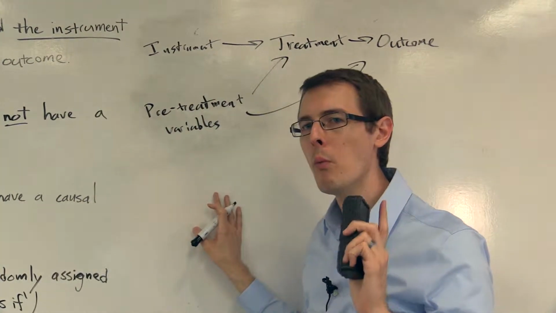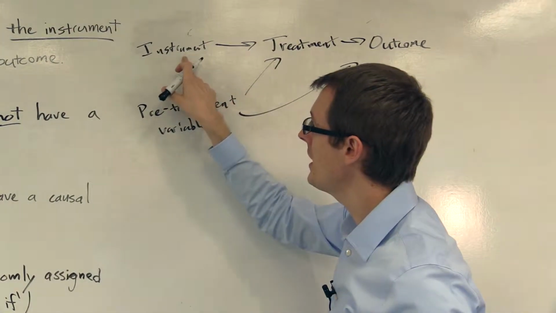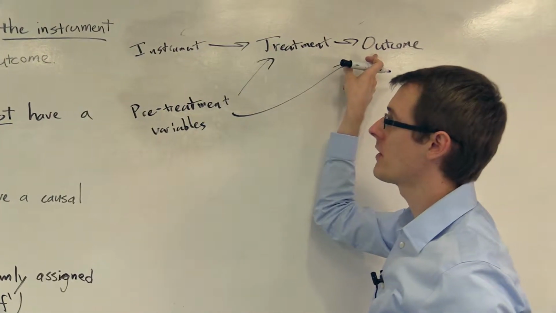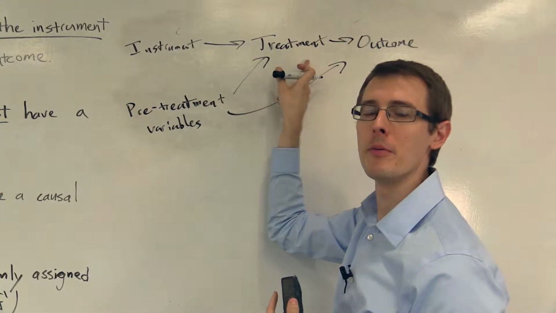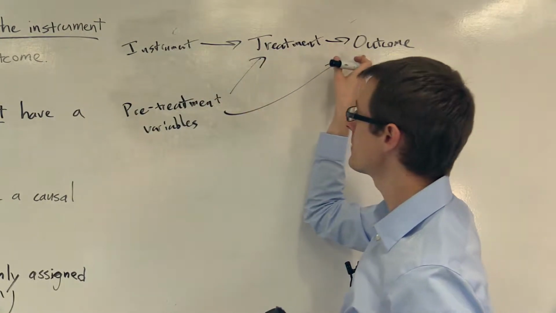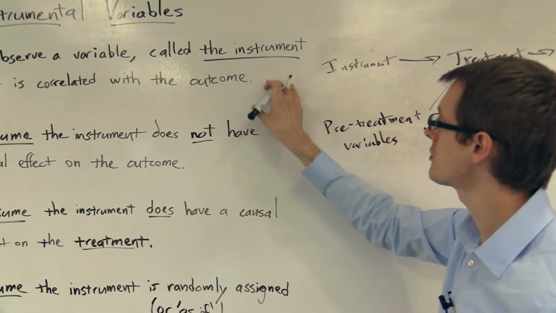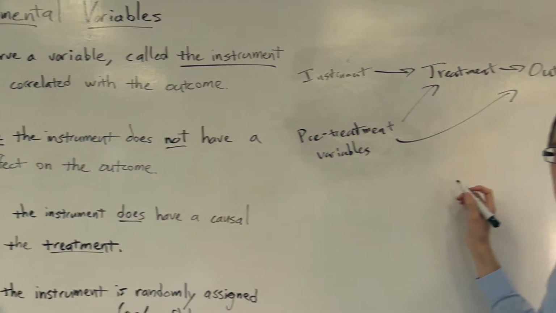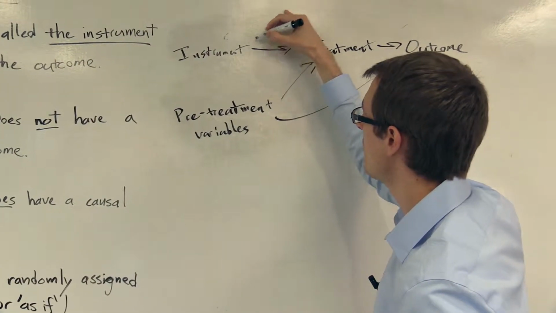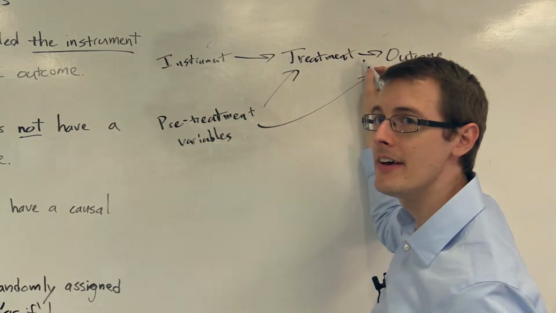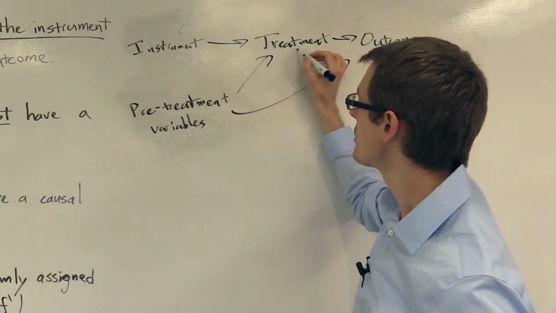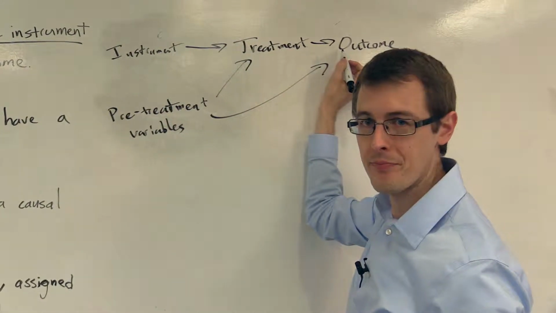That leaves but one possibility, that the instrument has an effect on the outcome variable through the treatment variable. That's the only path from the instrument to the outcome. And that means that any correlation we see between the instrument and the outcome must be picking up the combined effects of the instrument on the treatment and the effect we want to learn, the treatment on the outcome.